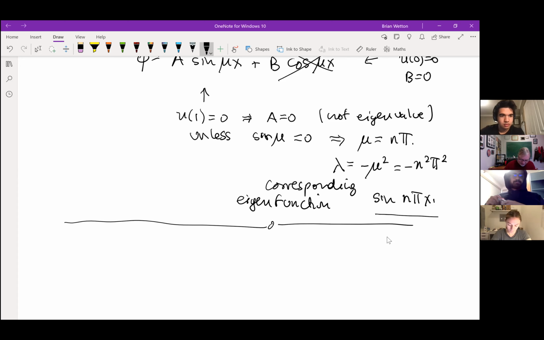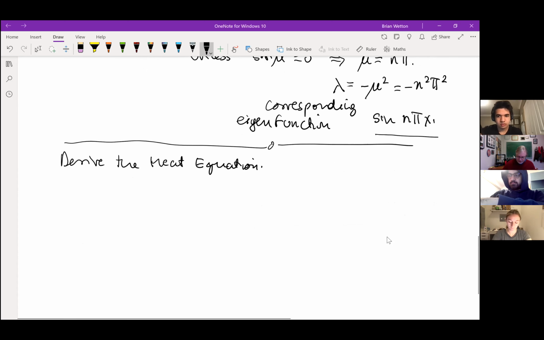So I'm going to derive the heat equation today. The mathematical aspects of the heat equation will be the topic for next week and possibly the week after that.